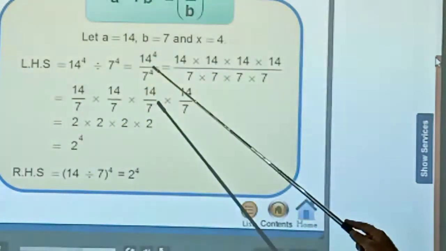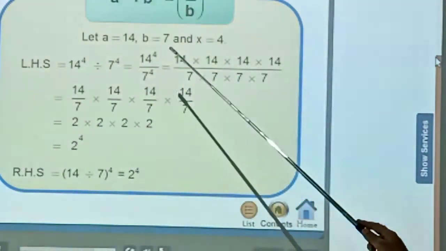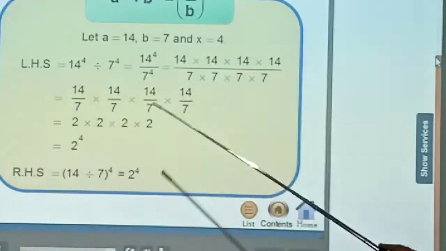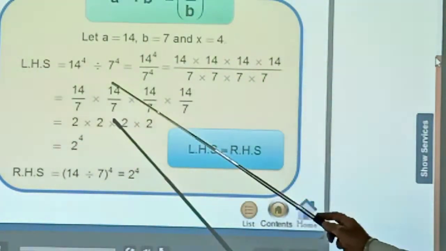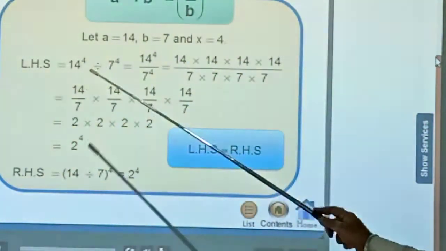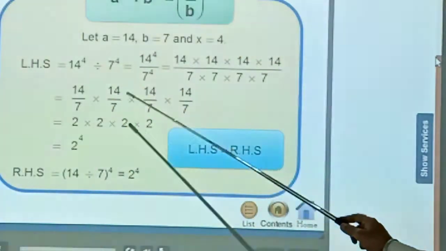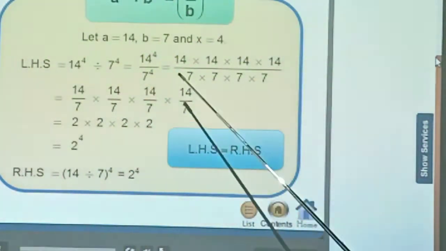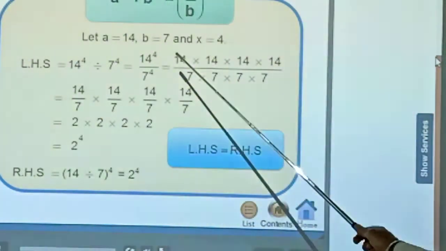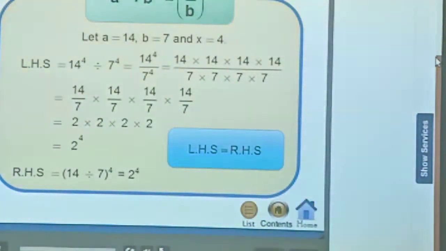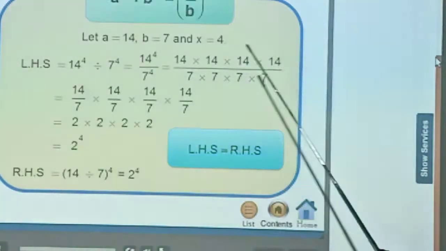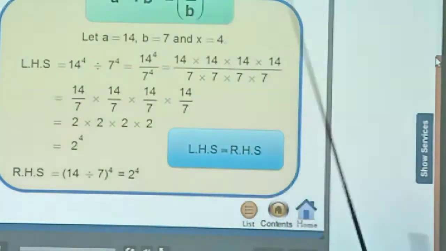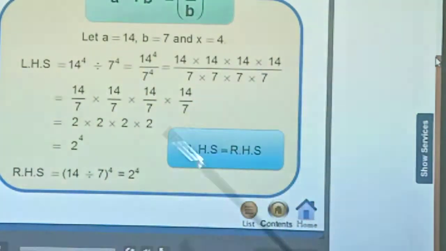14 raised to the power 4 divided by 7 raised to the power 4. This is the explanation. On substituting their values, we have 14 raised to the power 4 upon 7 raised to the power 4. Then 14 upon 7 will remain the same and the power will also remain the same.